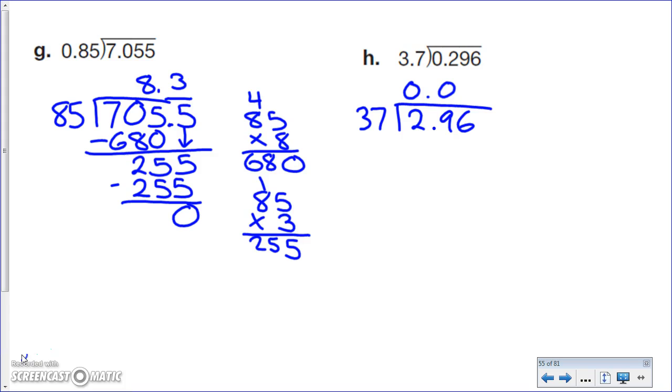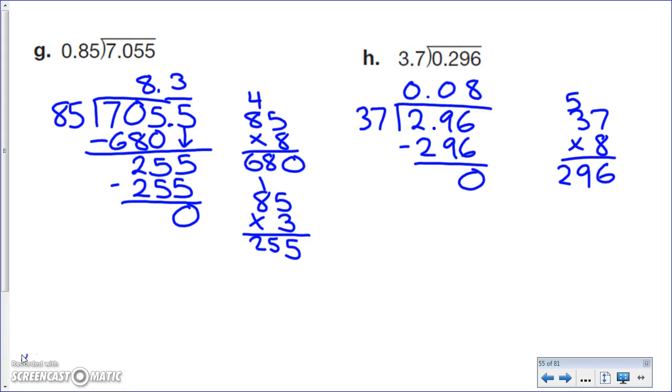So let's try 8 and see if that works. And it does exactly. So it's going to go in exactly 8 times. So our answer is 8 hundredths.